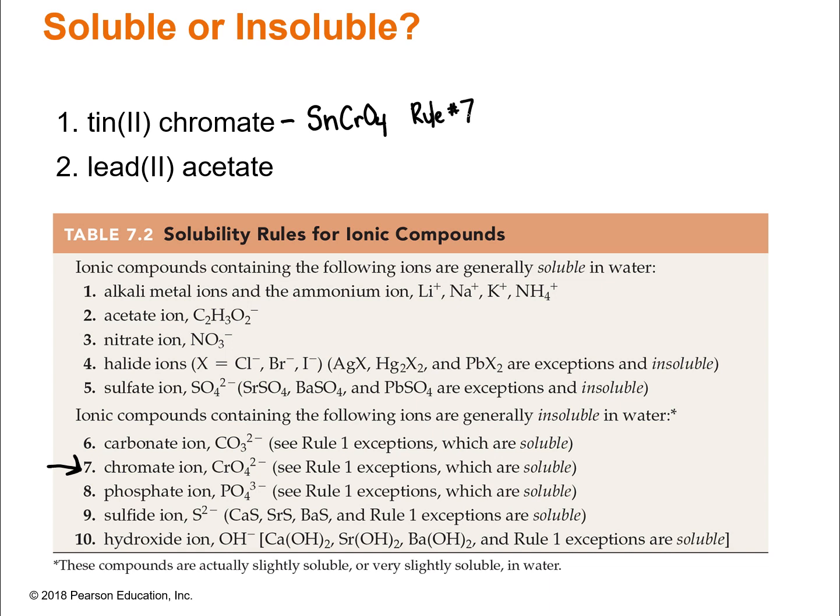Compounds with chromates are generally insoluble, except for the Rule 1 exceptions. So we look at what we have. We've got tin. Tin is not one of the Rule 1 exceptions. So it's going to be insoluble.